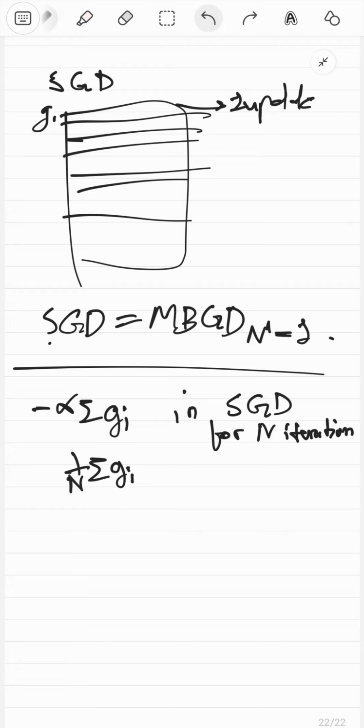That's a good estimate for the gradient at some point in between those n iterations. So it would be something like this, times n. Actually no, it's this thing. So minus alpha, yeah.